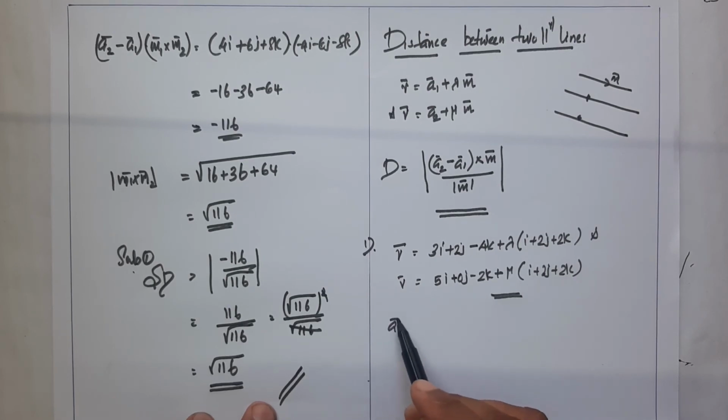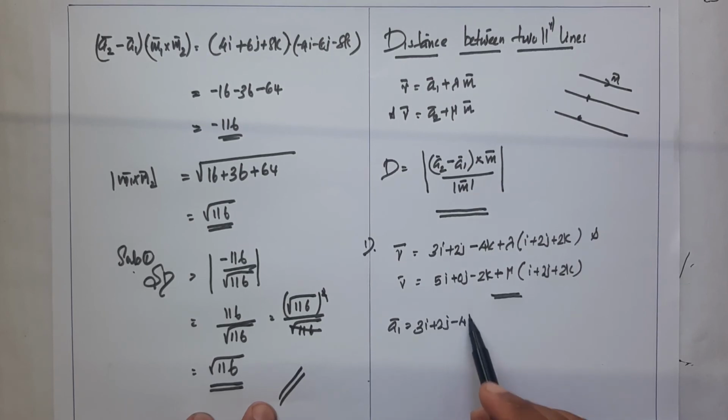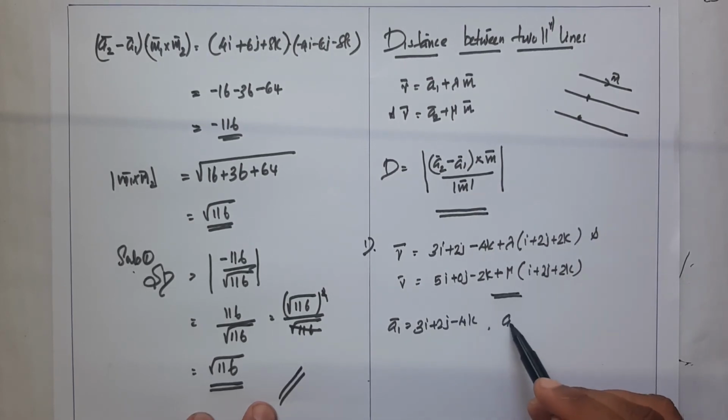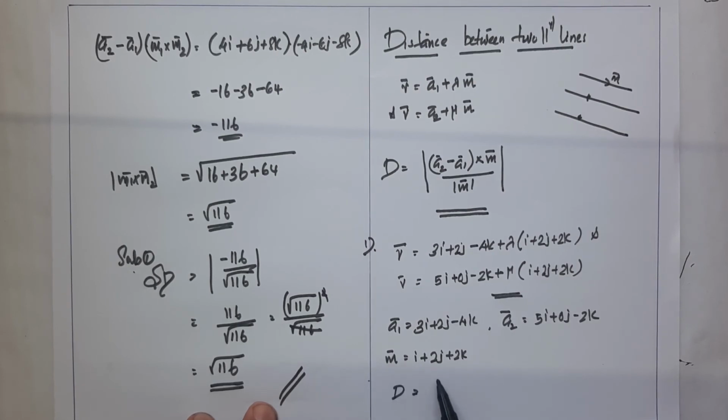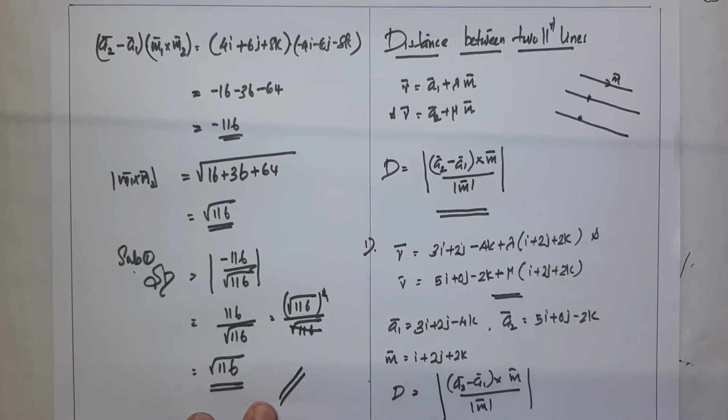First write vector a1 = 3i + 2j − 4k, vector a2 = 5i + 0j − 2k, and vector m = i + 2j + 2k. Formula: D = modulus of (a2 − a1) cross m divided by mod m. That's equation number 1.